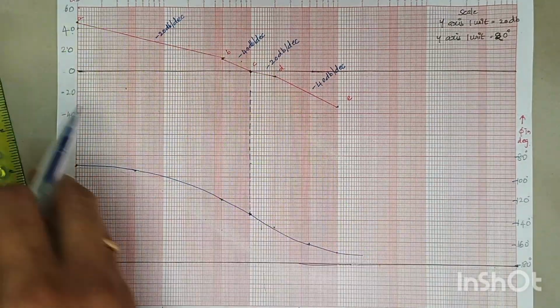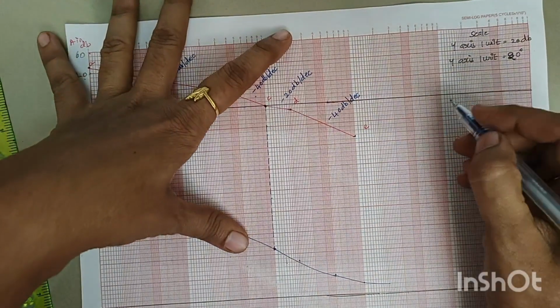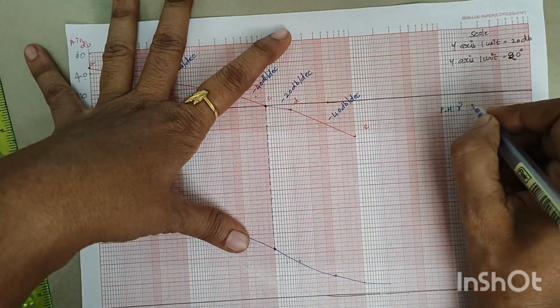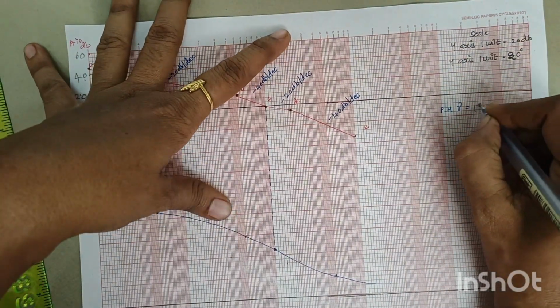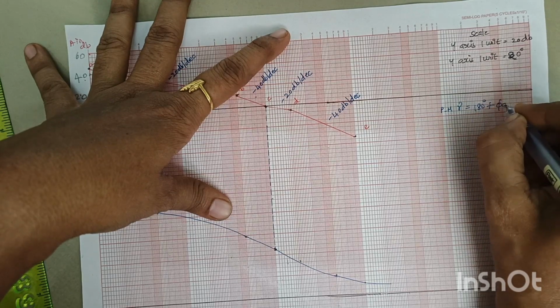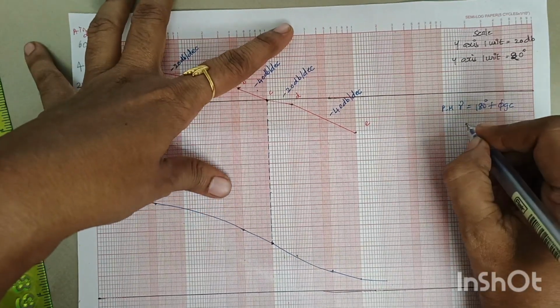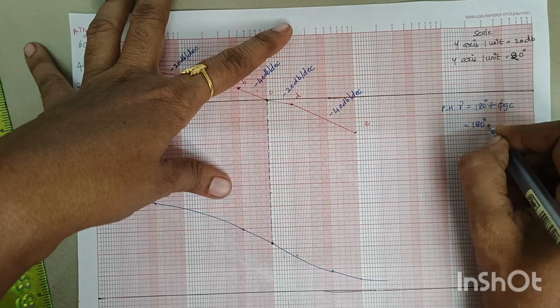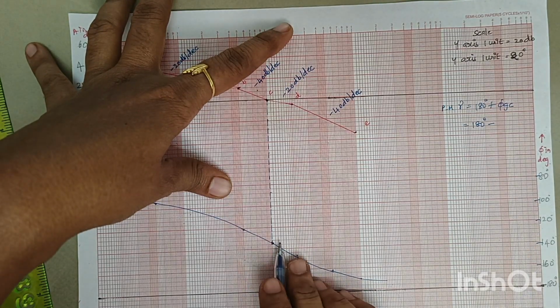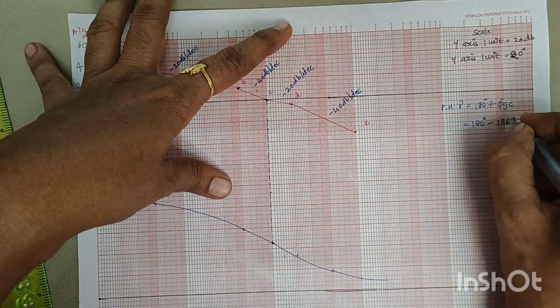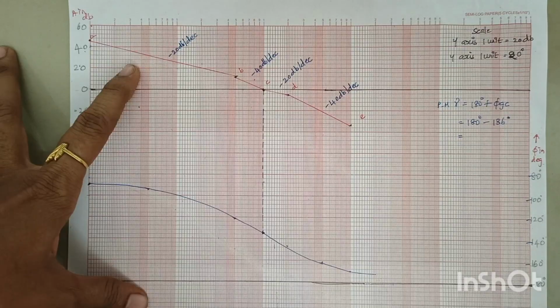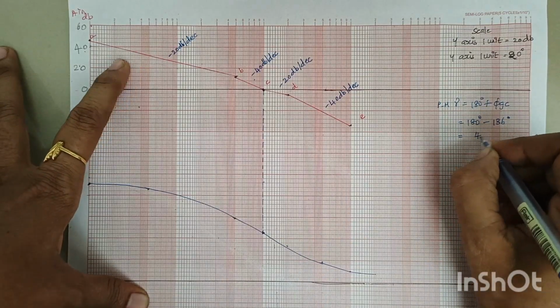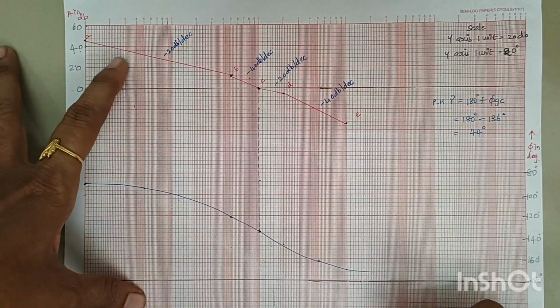So what is the formula for calculating your phase margin? So the phase margin is calculated as 180 degree plus phi gc, right? So here this is nothing but 180 degree minus the respective value, which is minus 136 degrees. So here the answer is 44 degrees, right?